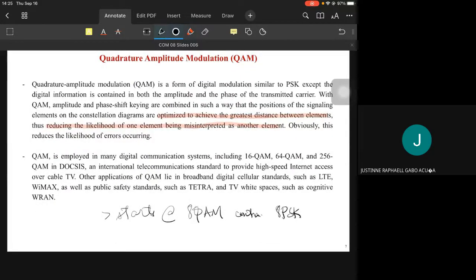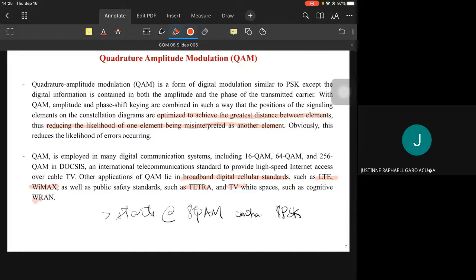Applications: QAM is employed in many digital communication systems, broadband, digital cellular standards such as LTE, WiMAX, as well as public safety standards such as TETRA, TV, cognitive WRAN, and so on.